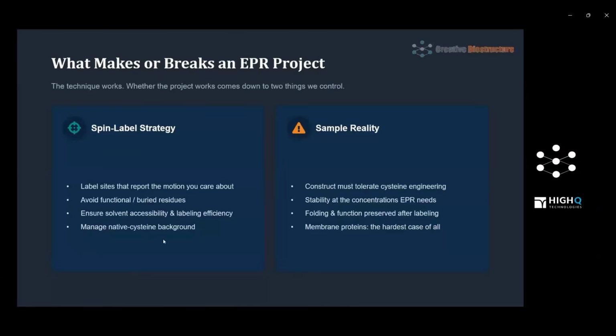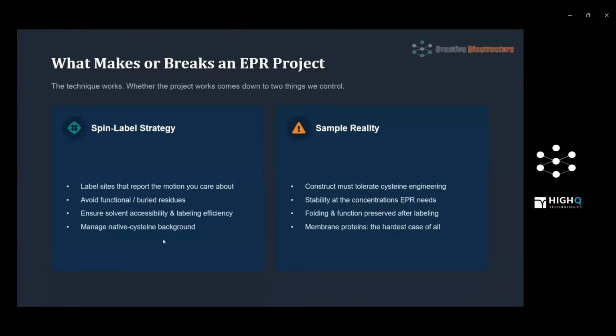If you build a construct, you measure, you learn something, you build another one, and that is slow and expensive. This is the clearest place where a collaboration like this earns its keep. Austin and his colleagues advise on the label placement, drawing on actual EPR experience. We do the protein engineering.